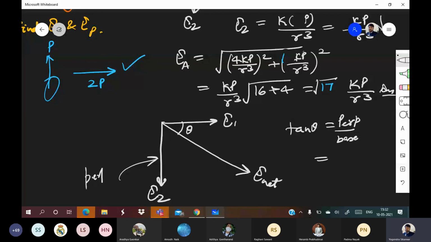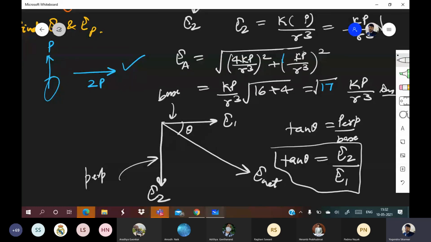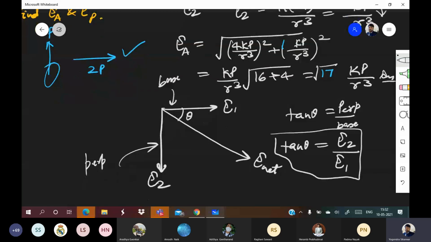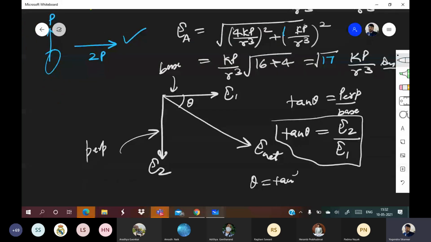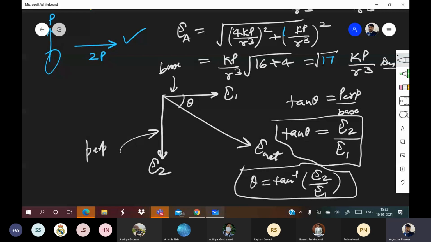Perpendicular is E2, base is E1. Tan theta comes out to be E2 by E1. So theta will be tan inverse of E2 by E1. This is the answer. Understood? How to find direction?